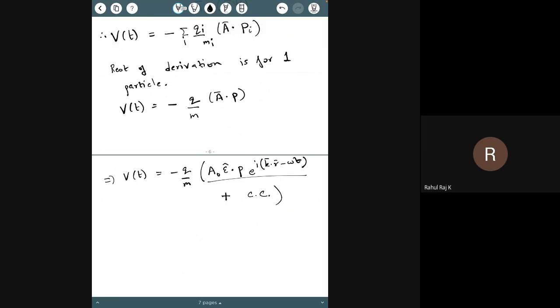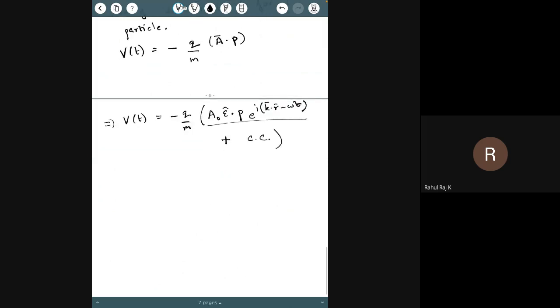Okay. Now here we have another approximation. So this then comes the long wavelength approximation. Okay. So if lambda is very much larger than the molecular dimension, then compared to the magnitude of r, lambda is infinity.